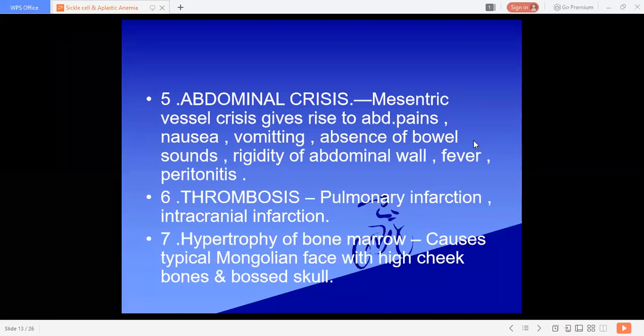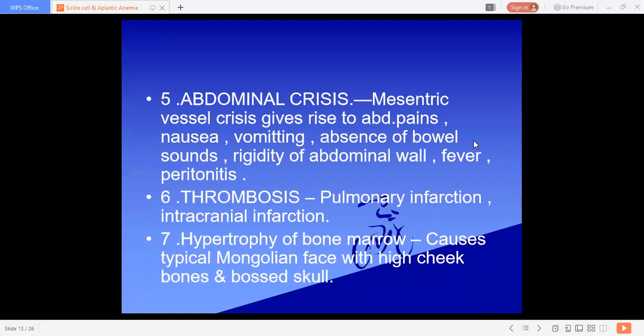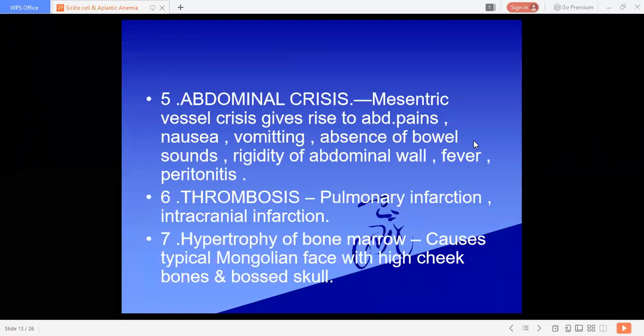What is thrombosis? Occluding of the vessel. Thrombosis gives rise to occlusion of the vessel and stoppage of blood supply, and the supplied part becomes deprived of oxygenation and blood supply. So it suffers from infarction, which is pulmonary infarction or intracranial infarction.